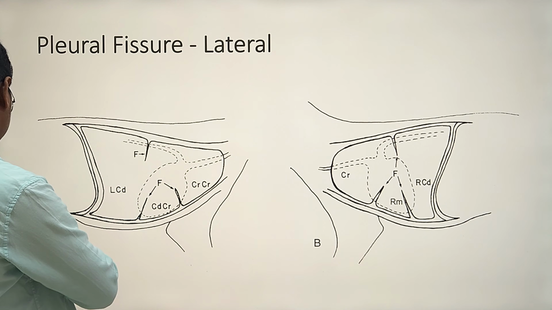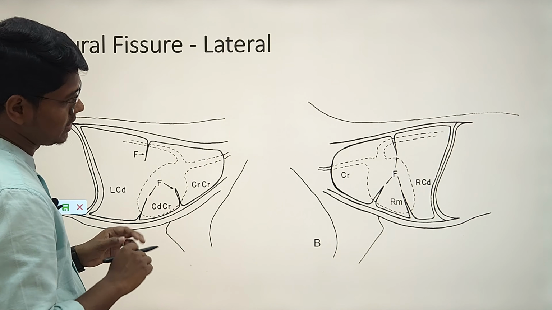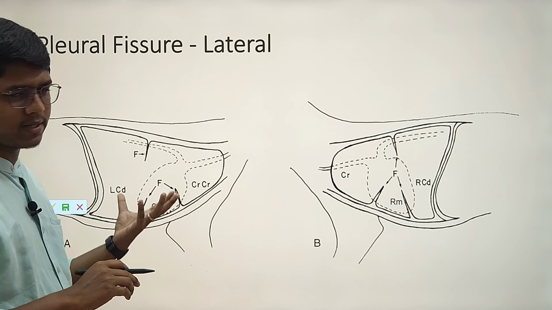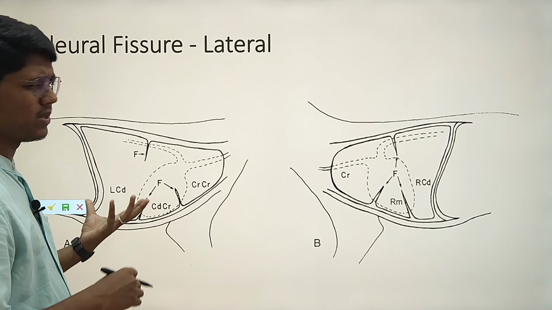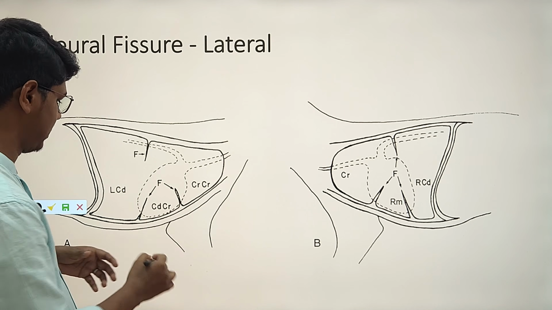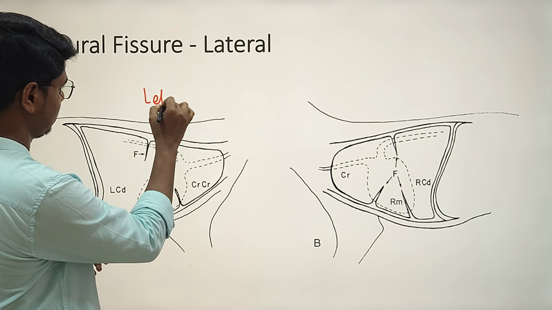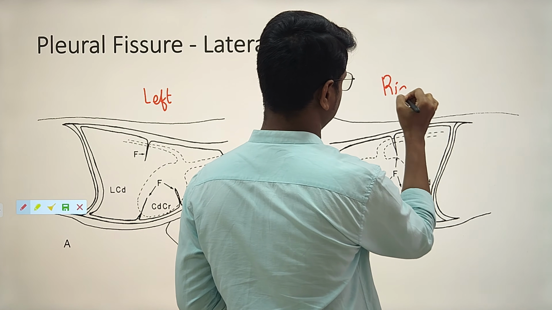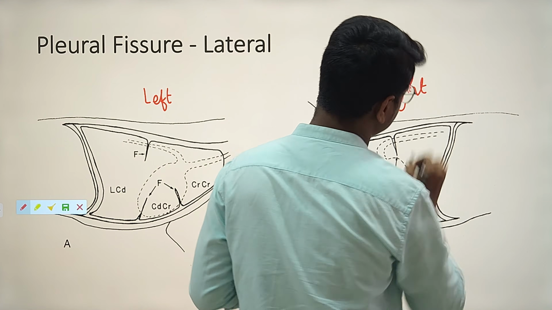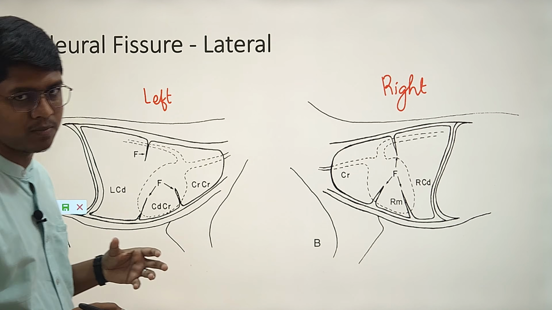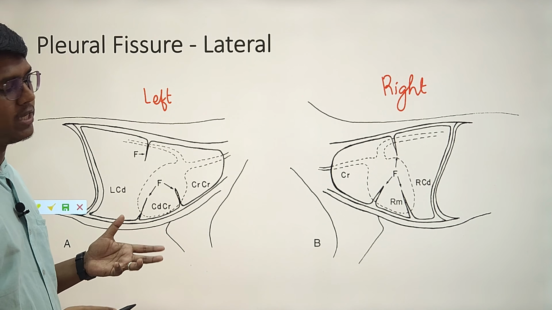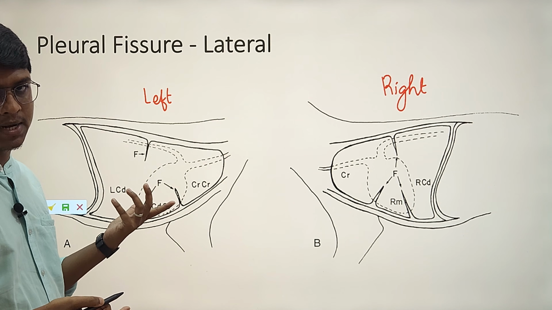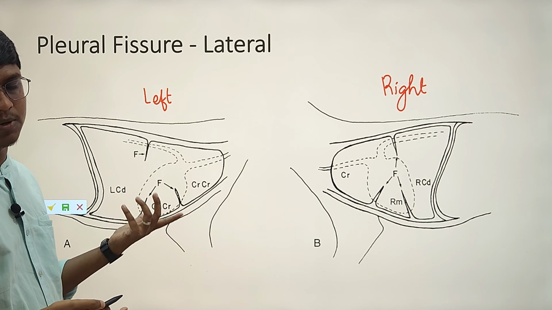Next, fissures. I told you about fissures. From different views we will find different fissures. They are nearly the same, but this is the left lung, this is the right lung. If you take a right lateral view, then you are mostly evaluating the left lung. If you take a left lateral view, then you are mostly evaluating the right lung.